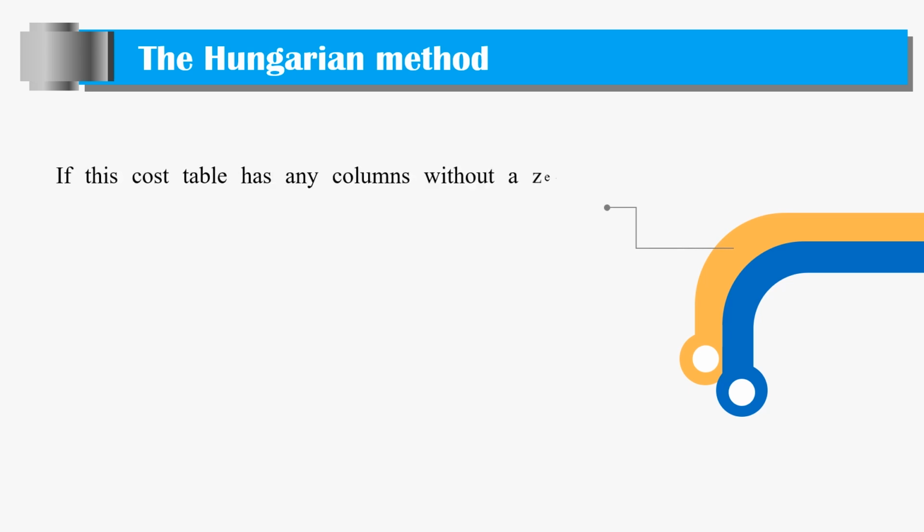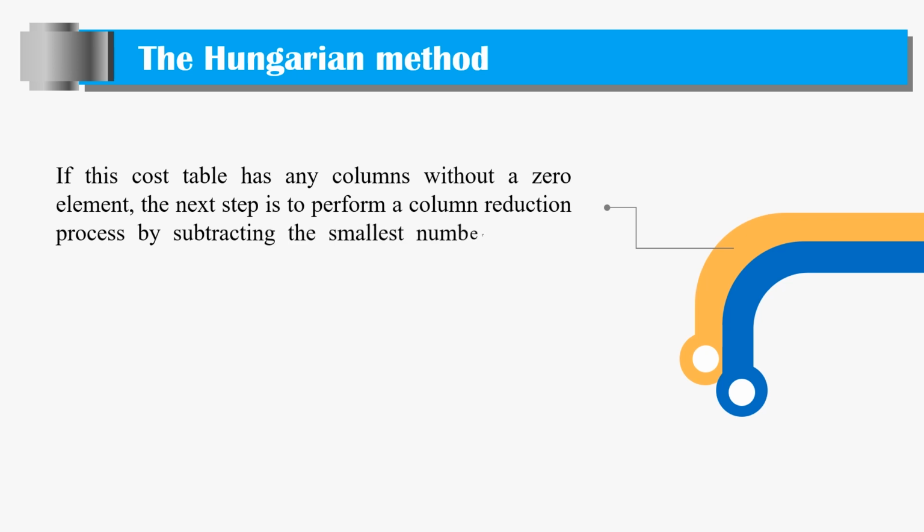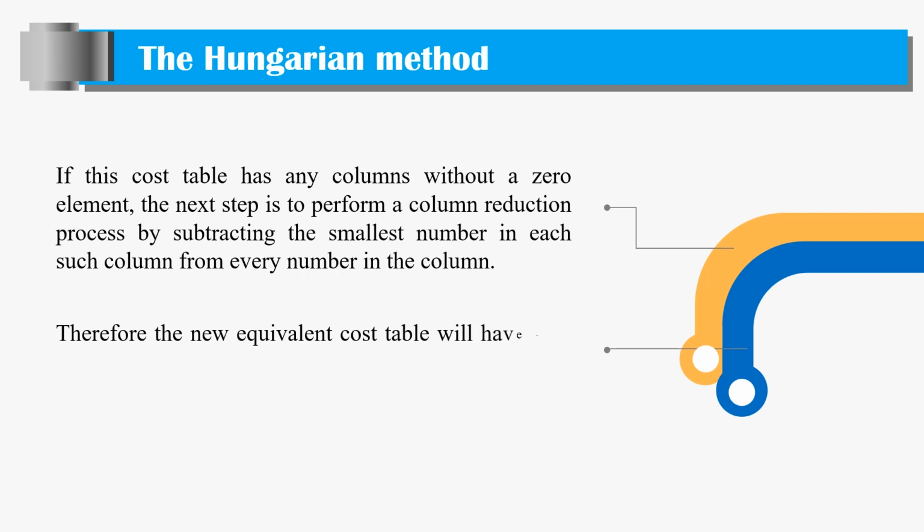If the cost table has any columns without a 0 element, the next step is to perform a column reduction process by subtracting the smallest number in each column from every number in the column. Therefore, the new equivalent cost table will have 0 elements in every row and every column.